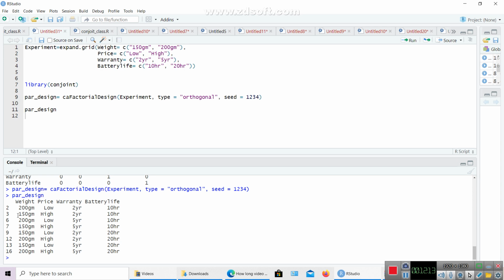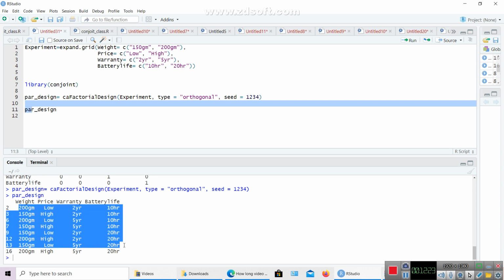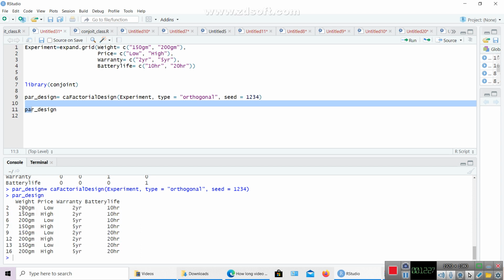Okay, for example, let's say I am preparing a questionnaire now based on partial design, then I will create 8 questions. Okay, and I will ask each respondent to rate these profiles based on some scores or ranks.